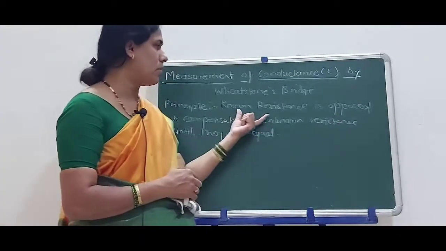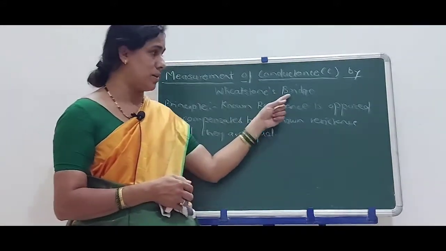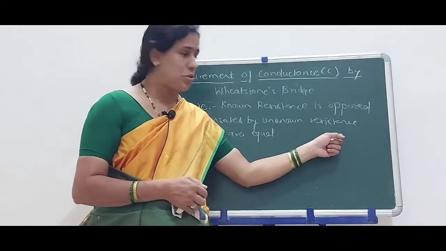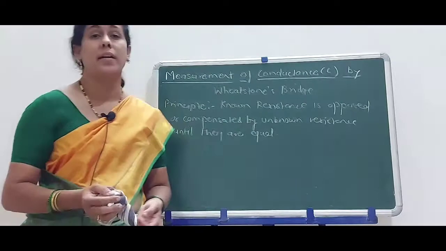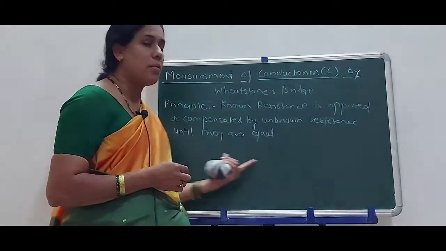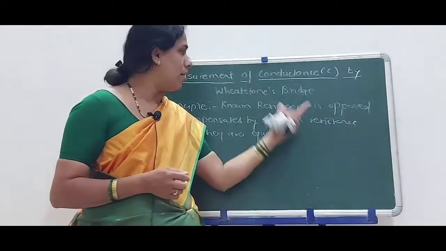That is, whatever the known resistance is, we take it from the resistance box in the Wheatstone's bridge method. When this resistance equals the unknown resistance, we get the null deflection. That is, we get a minimum sound through the headphones, and we take the reading on the scale.